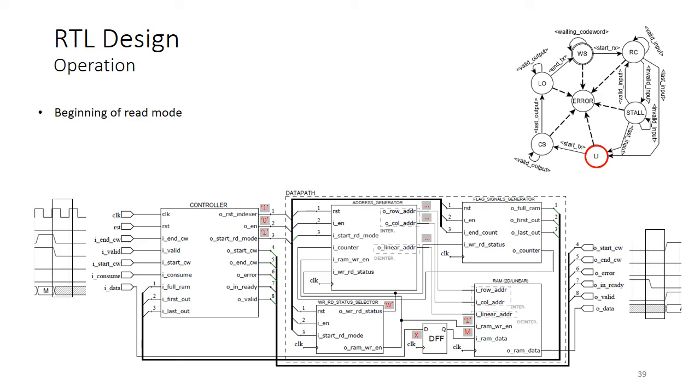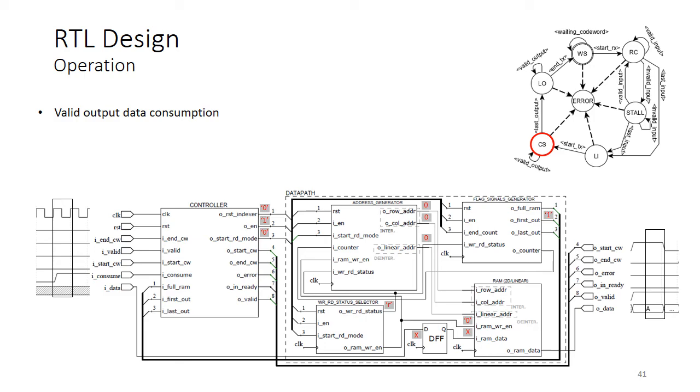The first output cycle is informed to the controller by the flag signals generator. Afterwards, it moves to the consuming state. That means that output data is available, and it remains unchanged until a consume signal is received.